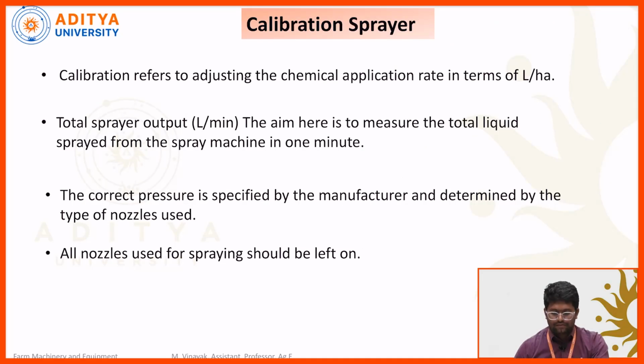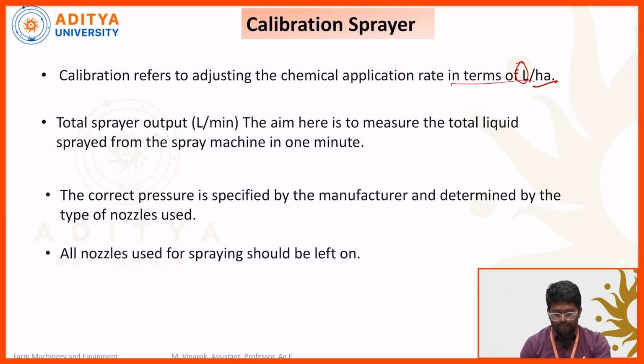Next one, calibration of sprayer. Whatever I have explained in seed drill calibration, for each and every manufactured agricultural equipment, calibration is very, very important. In seed drills, what we measured was how many seeds were required per particular area. Here also, how much liquid is required for 1 hectare of land area. So calibration refers to adjusting the chemical application rate in terms of liters per hectare.